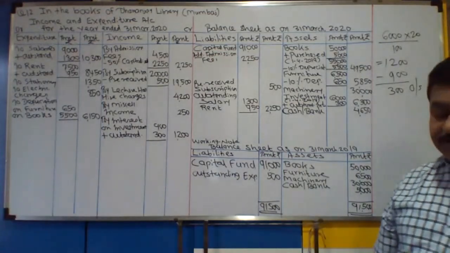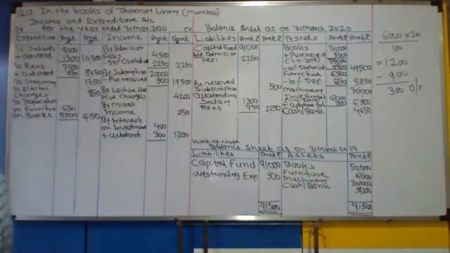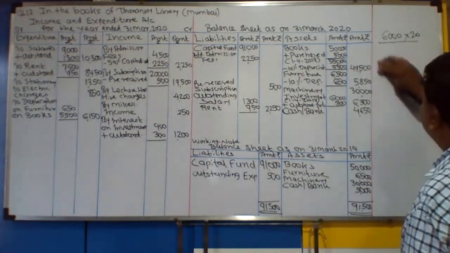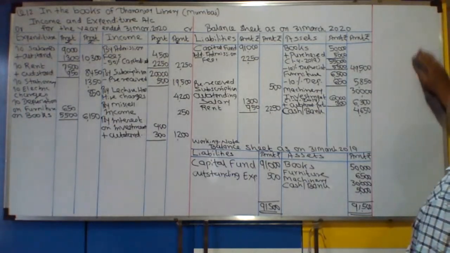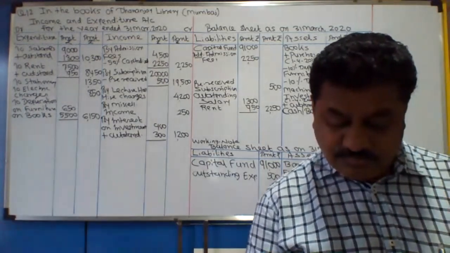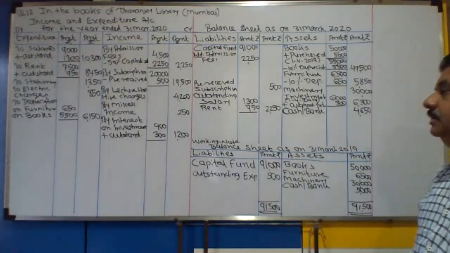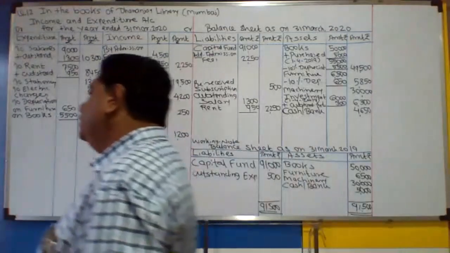Now close it. Find out the surplus or deficit. And then take the total of the balance sheet as well. Look at the income and expenditure account, see which total is more.